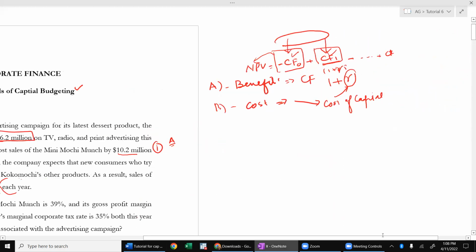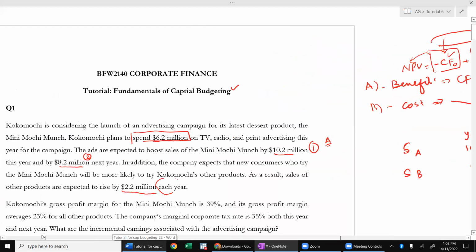Okay, so now we have product A and we have product B. We have year 1 and year 2. So 10.2 million and 8.2 million, and 2.2 million and 2.2 million. Sale of A, sale of B. This is the given information.